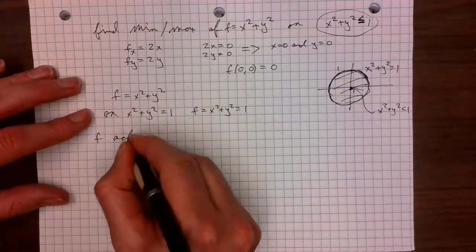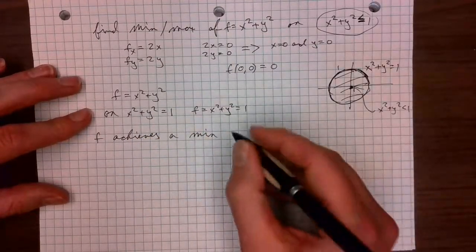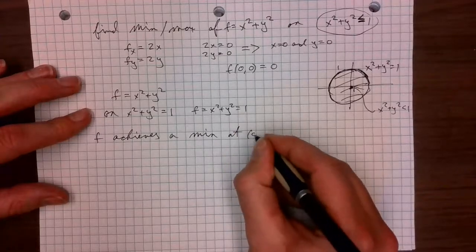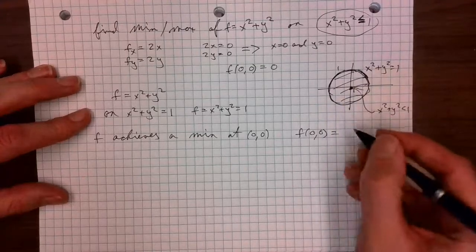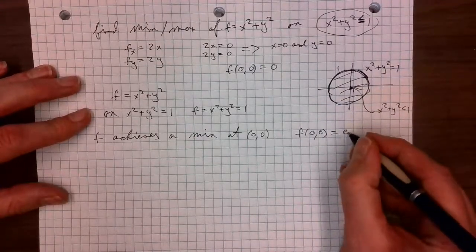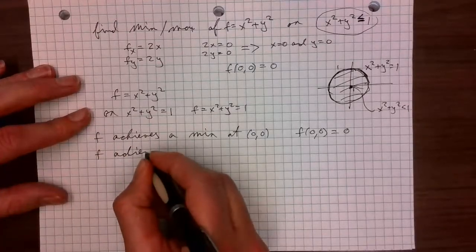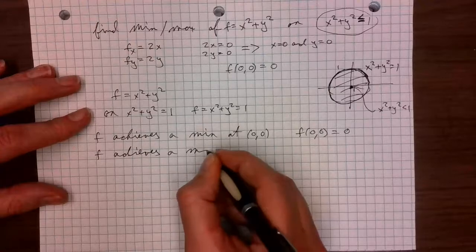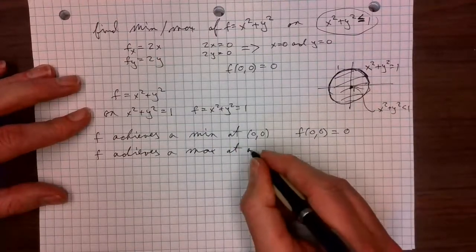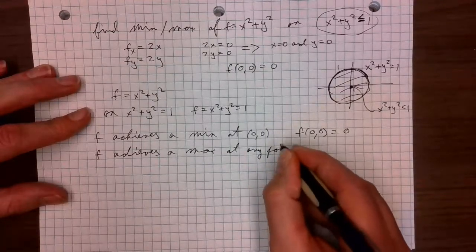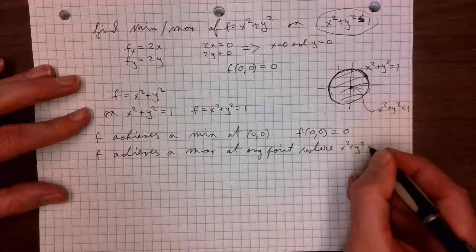f achieves a minimum at (0, 0), and f at (0, 0) is just 0, right? And f achieves a maximum at any point where x squared plus y squared is equal to 1.